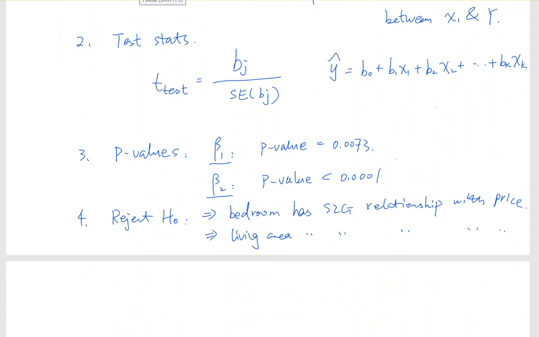All right. When you make the conclusion, this is kind of missing the details, and we cannot say it this way, right? So we need to be more careful when making the conclusion. If you reject the null hypothesis for the bedroom, it is fine.